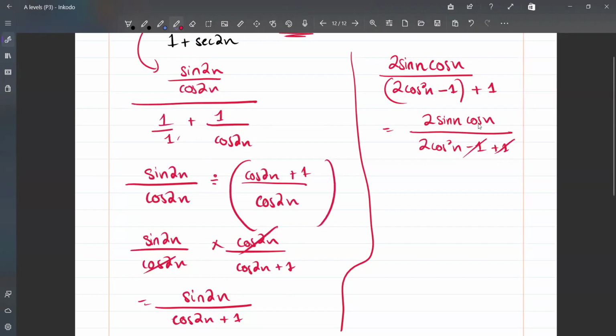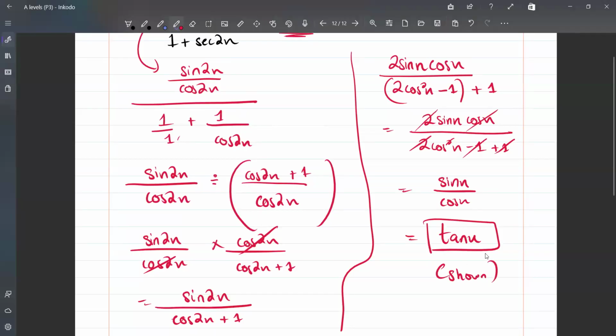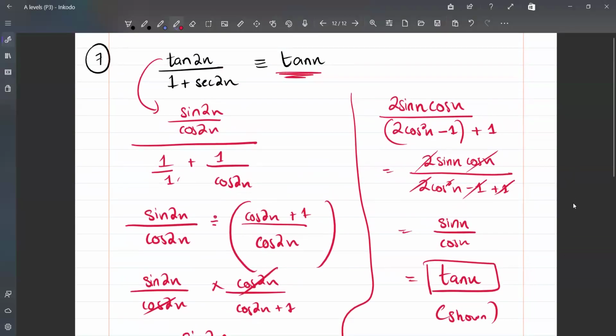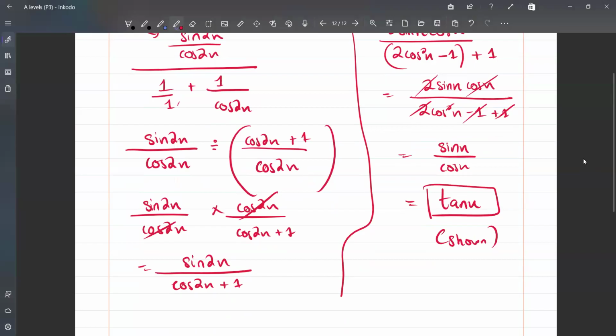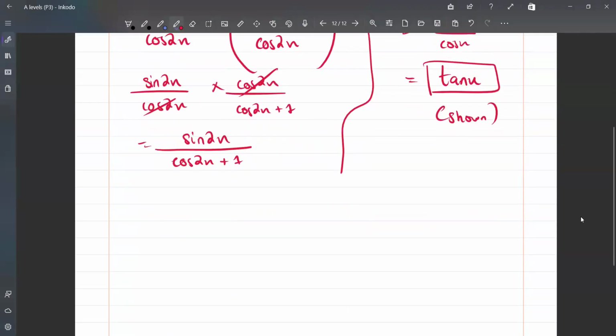This and this cancels out, this and this cancels out. So we are left with sin x upon cos x, which is equal to tan x. So we have shown it, right? So that was easy.